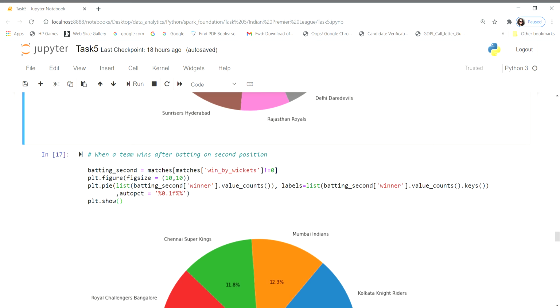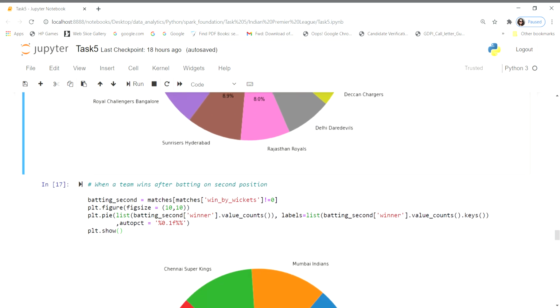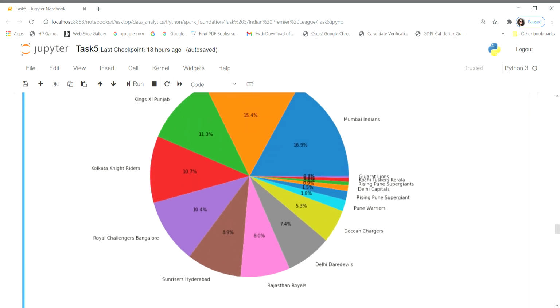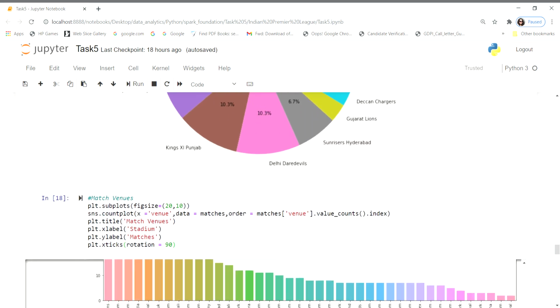For those who chose to field second, it is Kolkata Knight Riders first, and then the Mumbai Indians. From these two graphs, I can say the highest match wins are by the Mumbai Indians, and the second highest by the Kolkata Knight Riders, based on their batting selections.